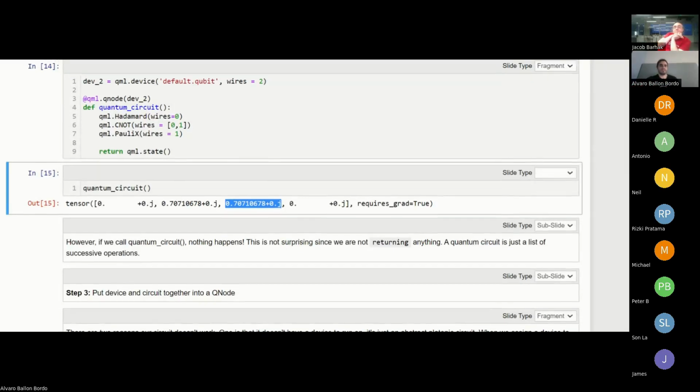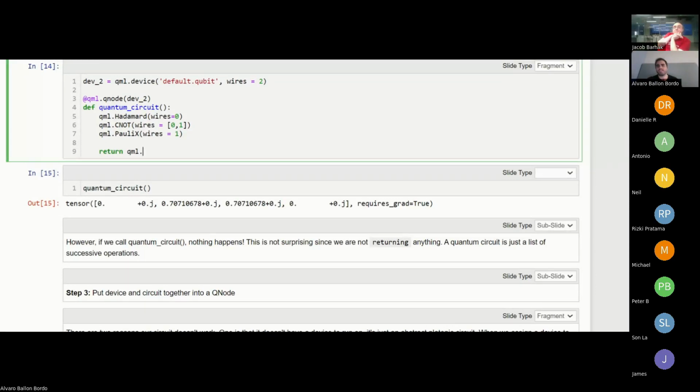There's other things that you can actually return here. So for example, I could return not necessarily the state, but a more realistic thing to return is the probability, because in the end, when you measure, you only measure the probabilities of a particular outcome, which can be 0 or 1.